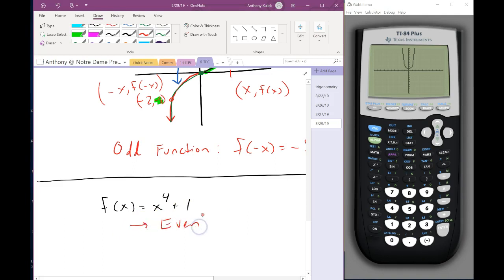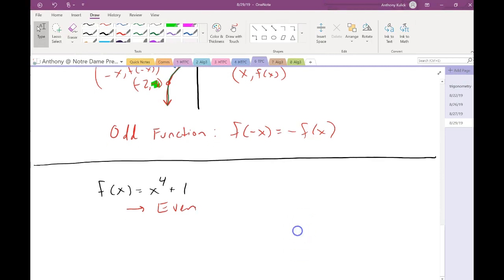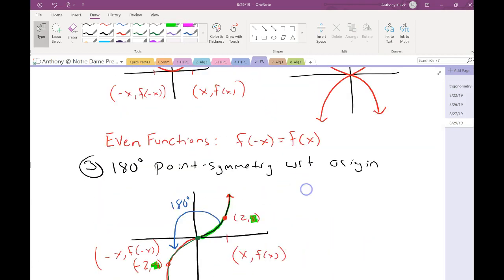What if we didn't have access to our calculator? What would we want to do to show it was even then? If we don't have access to a calculator, we're going to use this relationship.